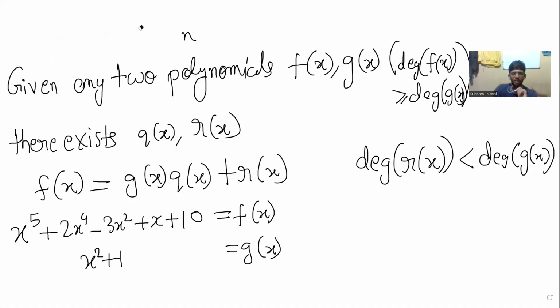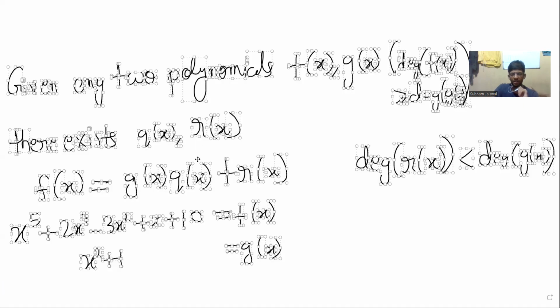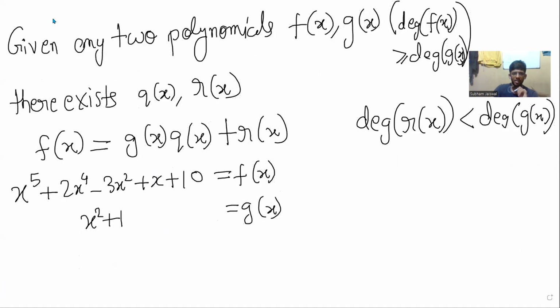What I'm trying to get at is that this thing that we write, that given f(x) and g(x), you can get a q(x) and r(x), is the final packaged result of something more fundamental.